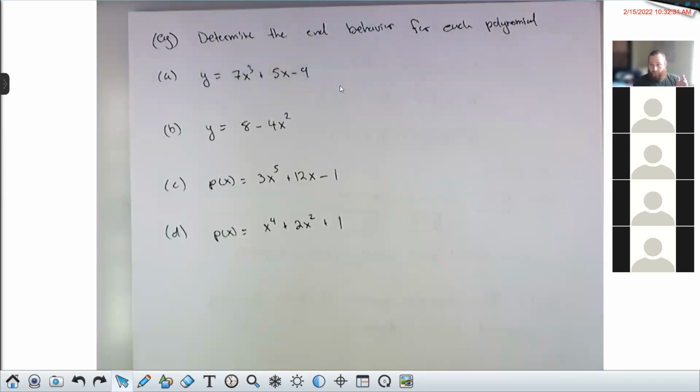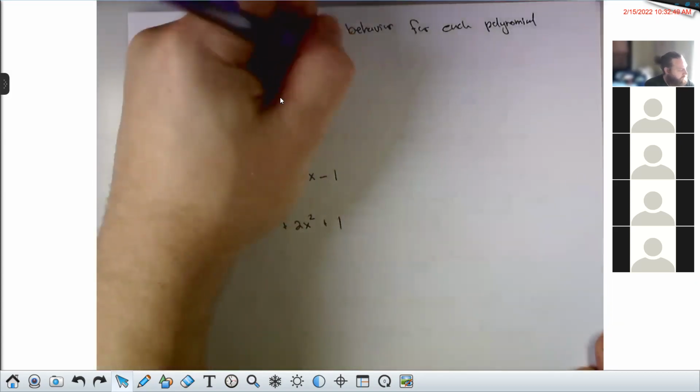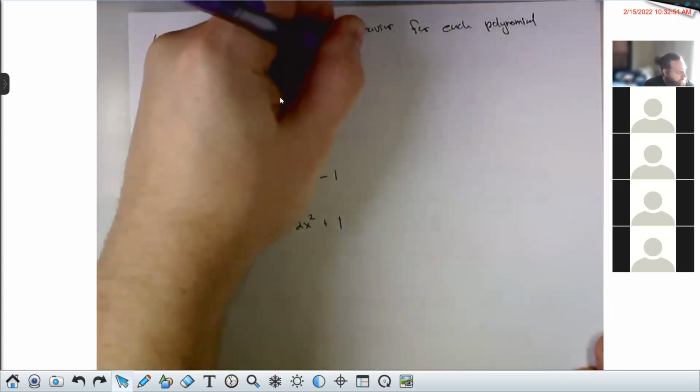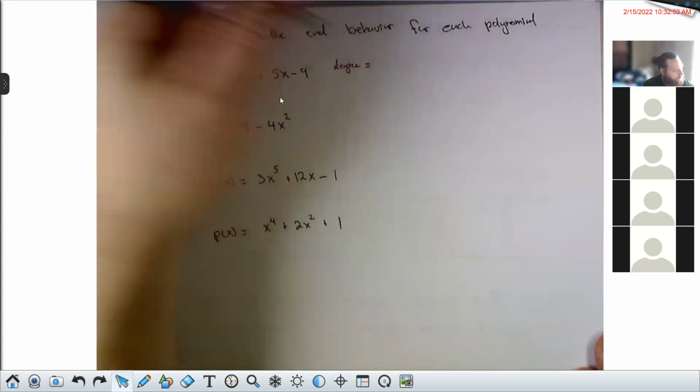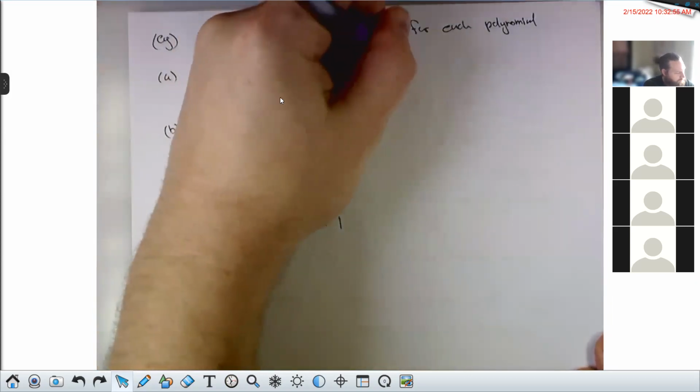So what's the end behavior for this one? Is it up on the left, down on the right, up on both sides, down on both sides? Up on the left and down on the right. It's close. So the degree here is 3, which is odd.